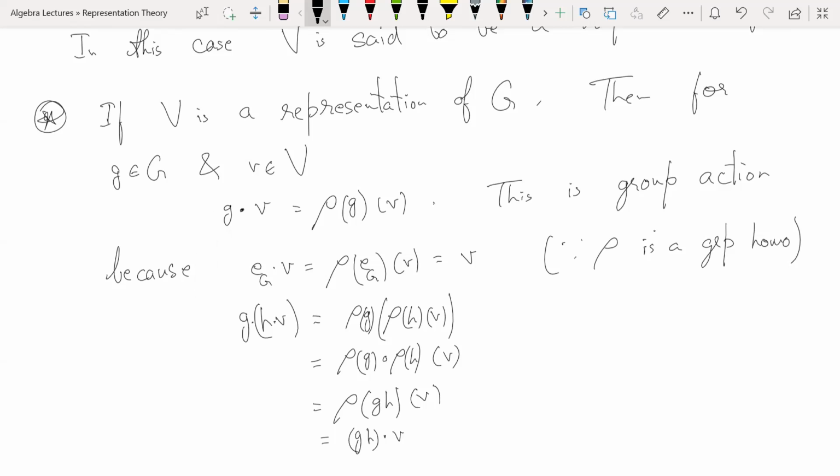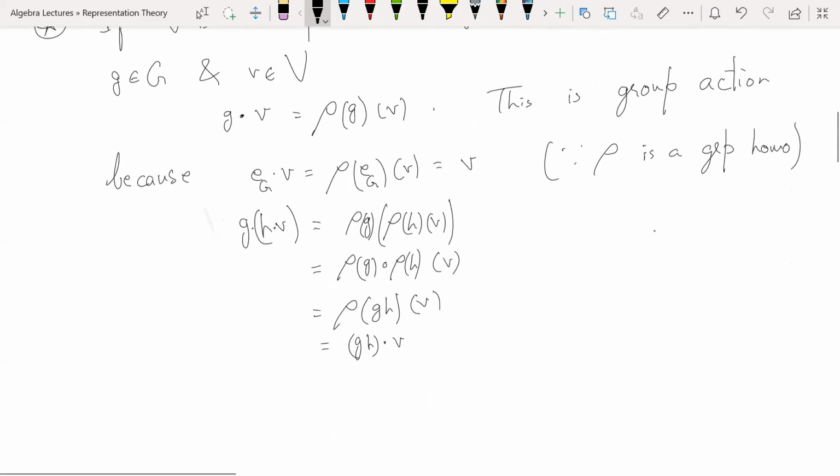But it's not just a bijection, it's also linear.